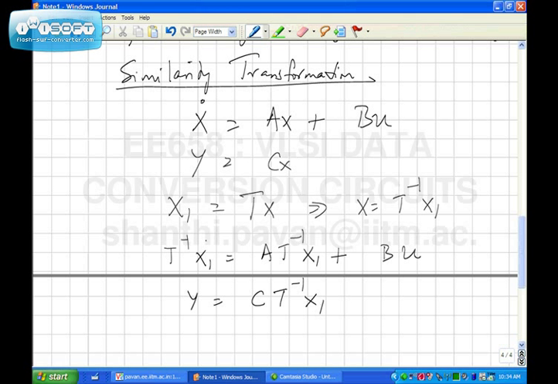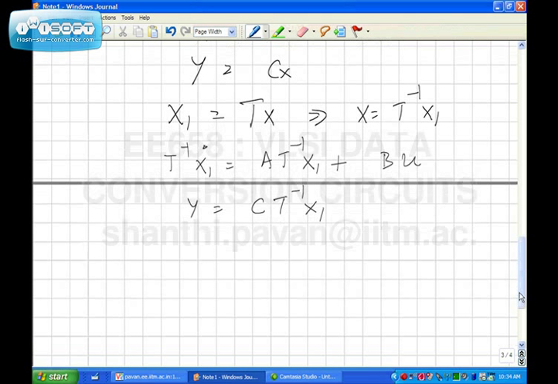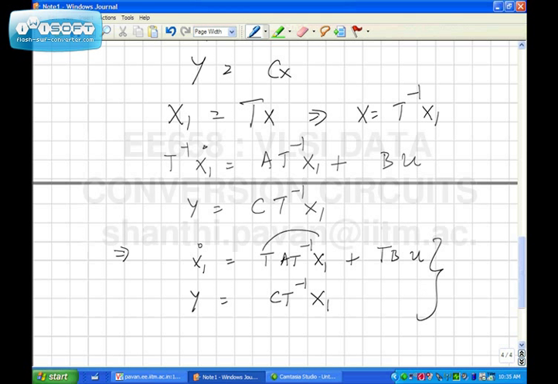Which basically means that x1 dot is TAT inverse x1 plus TB times u, and y is nothing but CT inverse x1. So, this is in short form all that stuff that we discussed. The new A is TAT inverse, and the eigenvalues are all maintained.